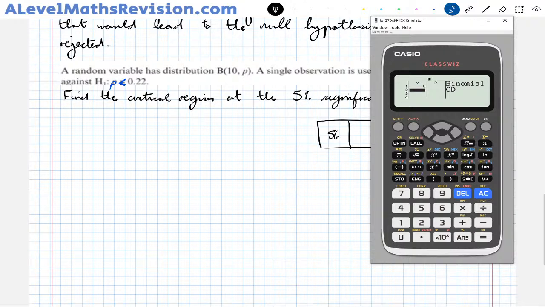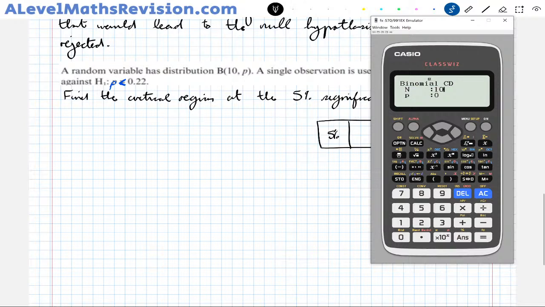So 0, 1, 2, 3, 4, 5, 6, 7, 8. So I'm telling the calculator I want it to calculate for me all at the same time, to put in a nice table, the probability that x is less than or equal to 0, the probability that x is less than or equal to 1, 2, 3, 4, 5, 6, 7, 8. So keep going until I get bored.